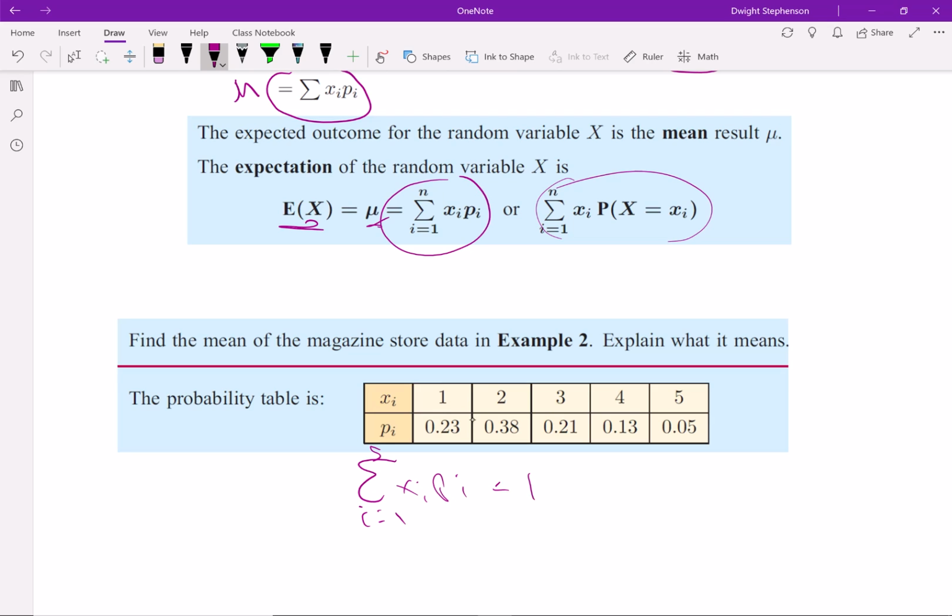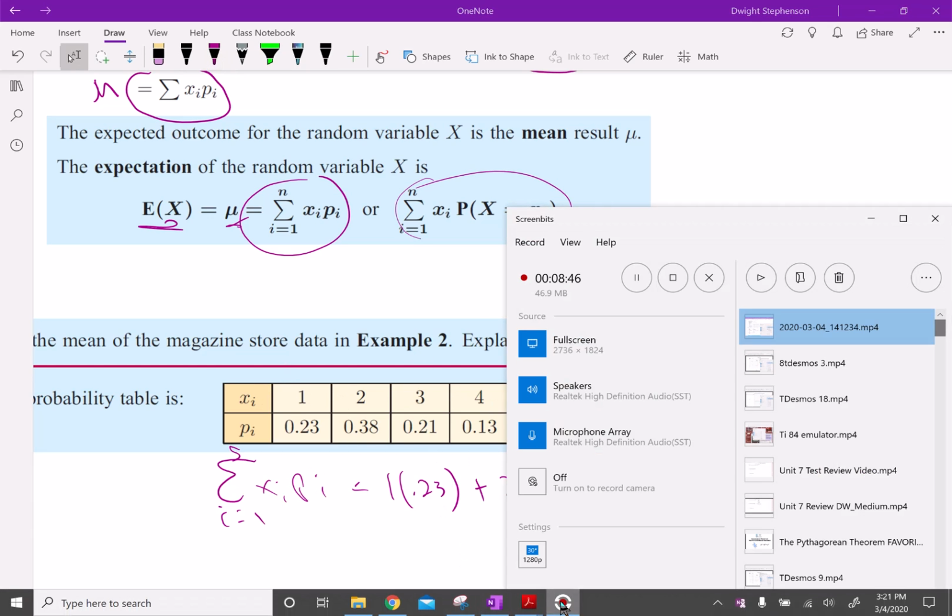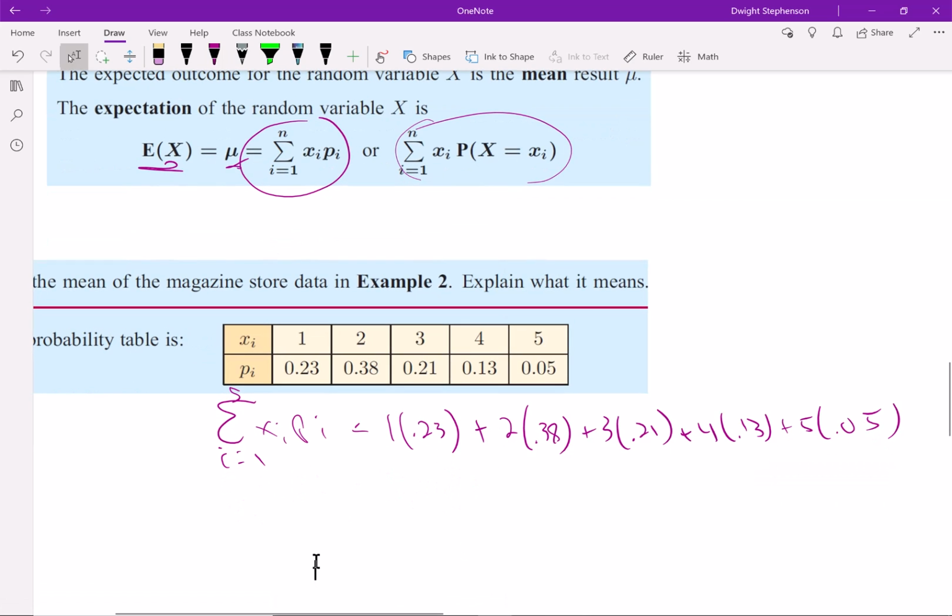The first one would be 1 times 0.23. If I plug in 2, I get 2 times 0.38. If I plug in 3, I get 3 times 0.21. If I plug in 4, I get 4 times 0.13. If I plug in 5, I get, and we did this magazine example on the last video, and if you add it all up, you get 2.39.